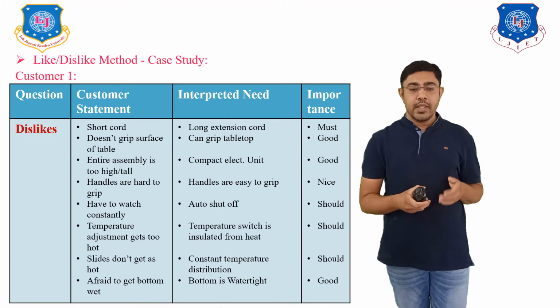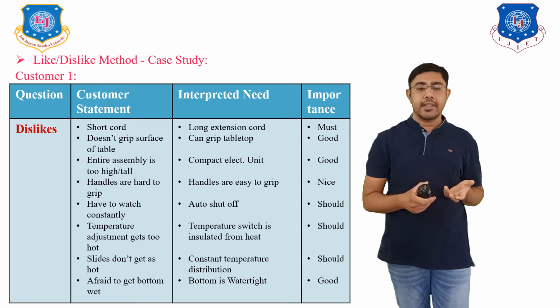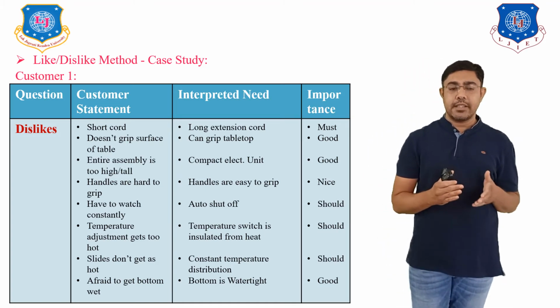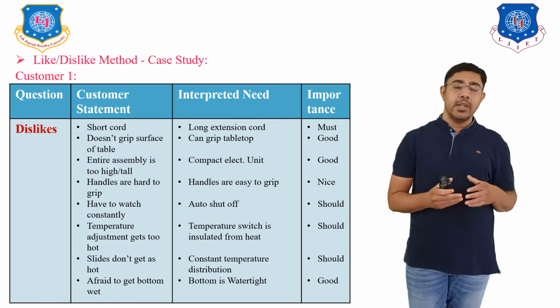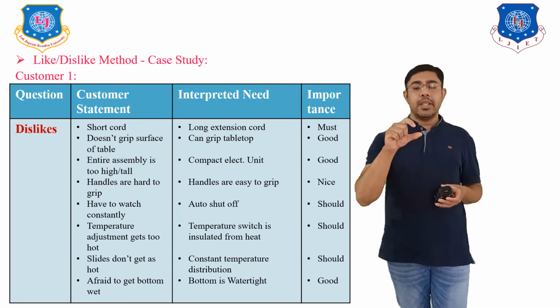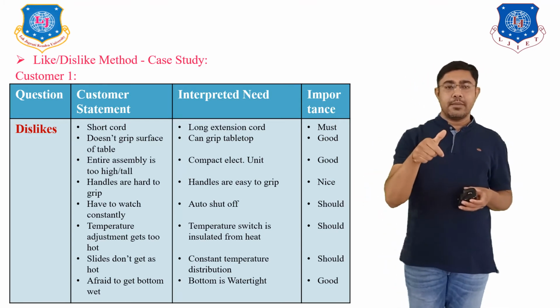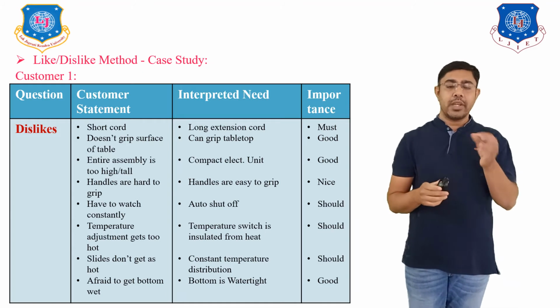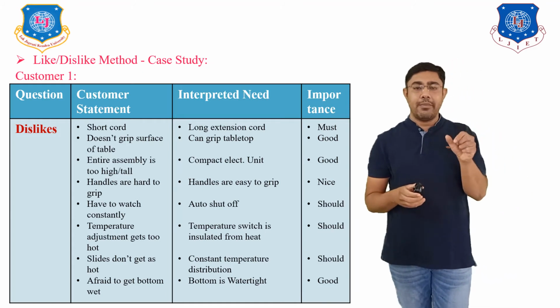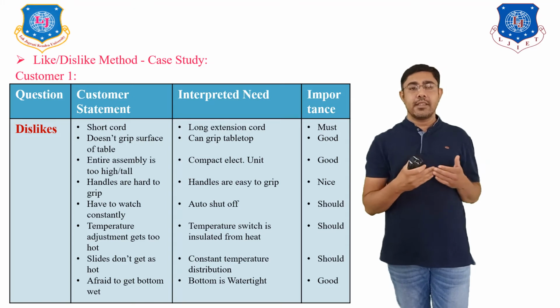The next dislike statement is the temperature adjustment gets too high. There is an adjustment of temperature, the switch, or you can say the switch for adjusting temperature, and that switch gets too hot.